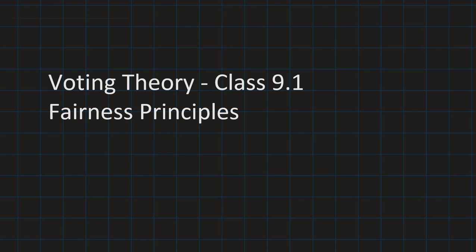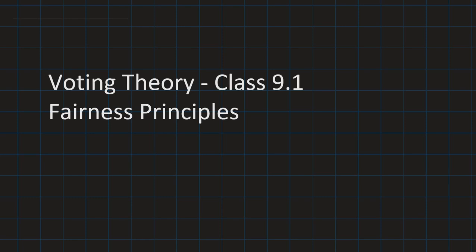And what we want to begin doing now is we want to begin to analyze these different voting systems. And ideally, the ultimate goal in voting theory is to say which one is the best, which voting system is the most fair, is the most democratic, which voting system should we use. The issue with this sort of question is that it's an extremely difficult question to answer.